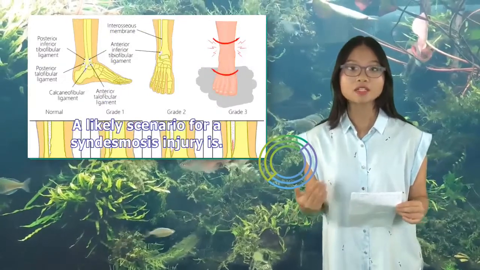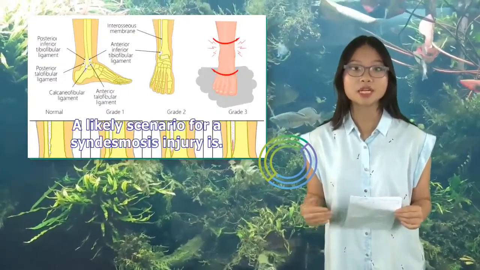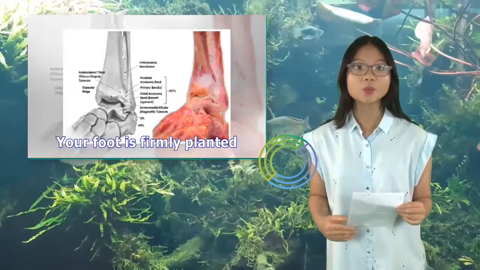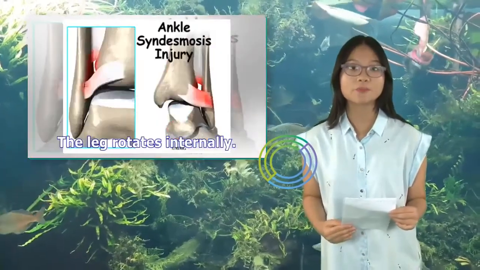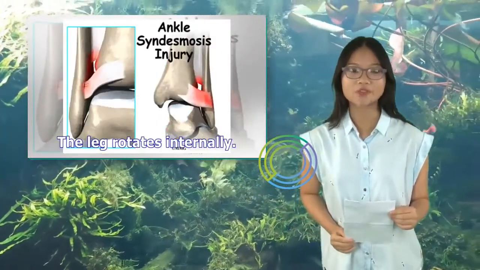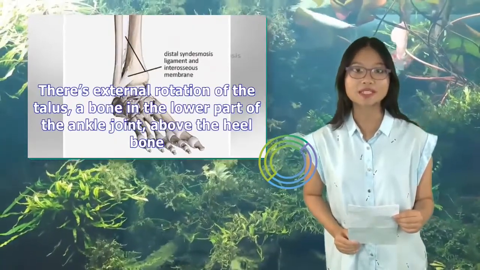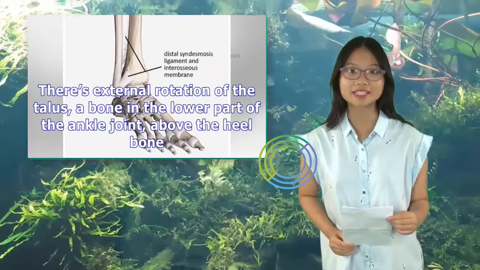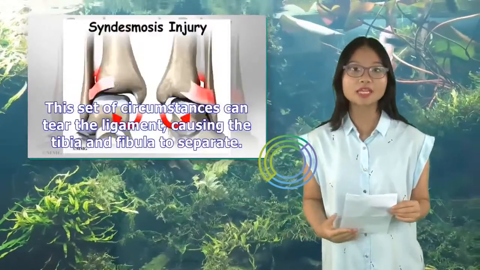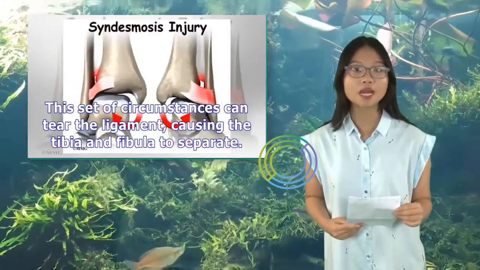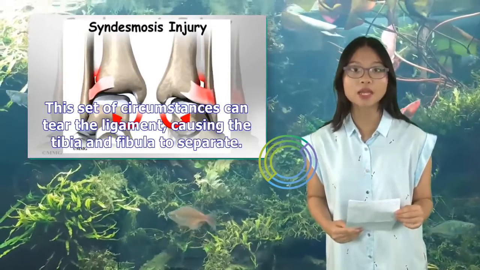A likely scenario for a syndesmosis injury is: your foot is firmly planted, the leg rotates internally, and there's external rotation of the talus, a bone in the lower part of the ankle joint, above the heel bone. This set of circumstances can tear the ligament, causing the tibia and fibula to separate.